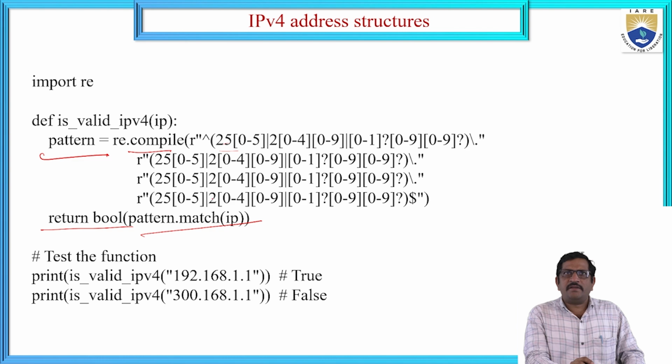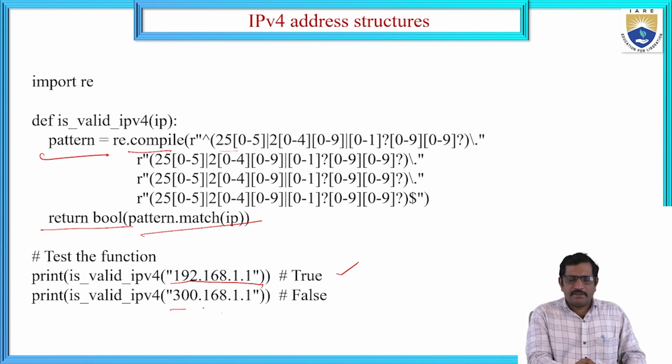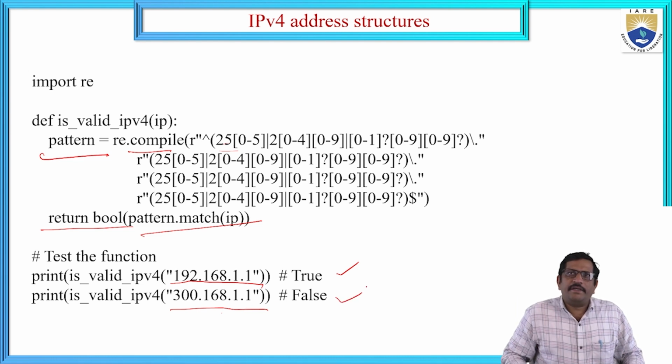Then we test after validation by printing: if 192.168.1.1 is valid, it is true, and for 300.168.1.1, it is false. Like this we are testing the validity of the IP address.